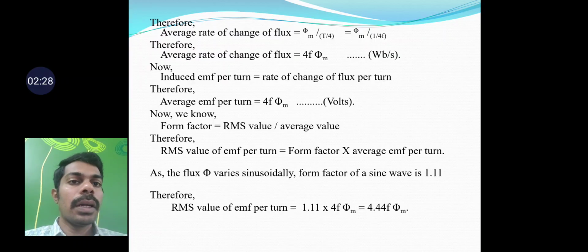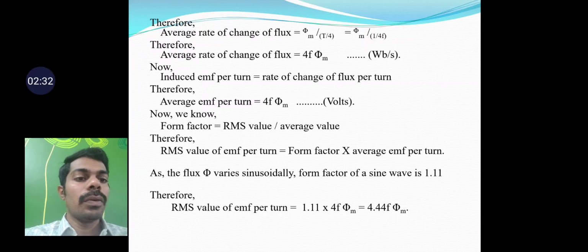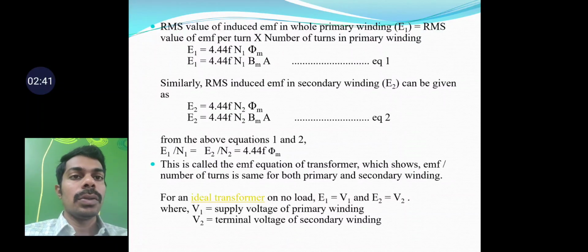We already determined that average EMF per turn is 4 into f into phi m, which gives 4.44 f into phi m. So, the RMS value of the induced EMF in primary winding E1 is equal to RMS value of EMF per turn into number of turns in the primary winding.